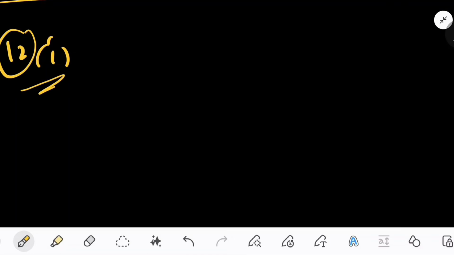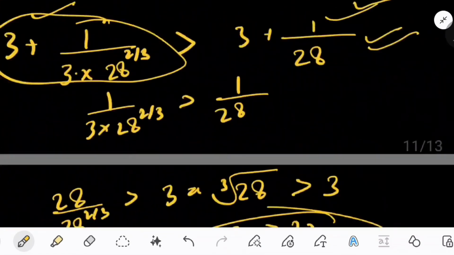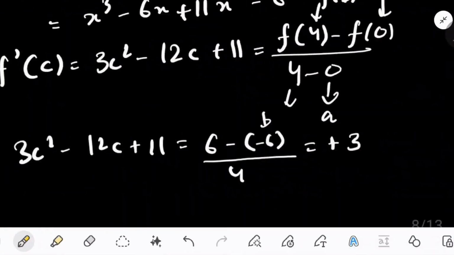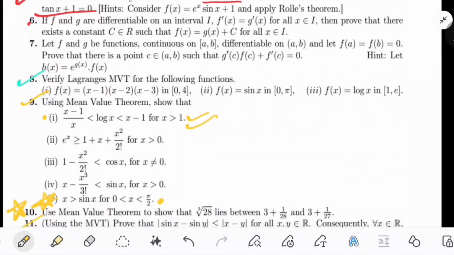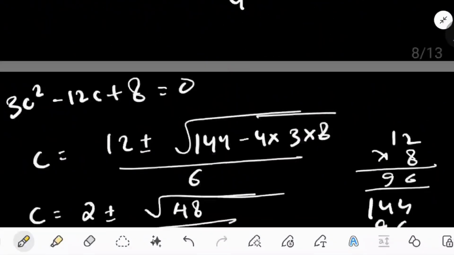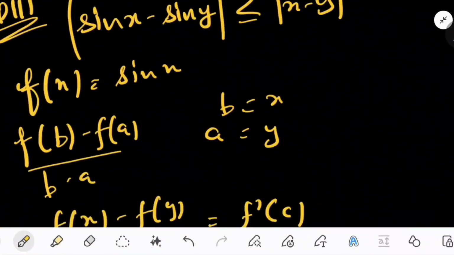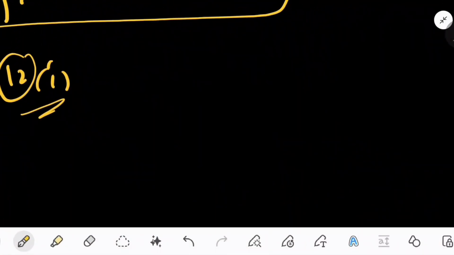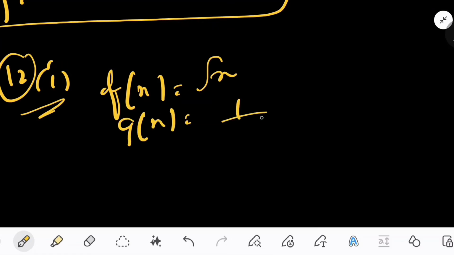Okay, 12th first part, and in this case we are given that f x is equal to square root of x, I guess. Let's see what was given. f x is equal to root x and g x is equal to 1 by root x, in the interval 1 to 3, right?